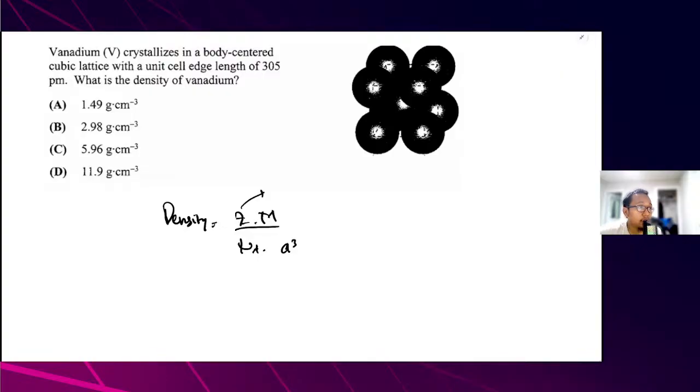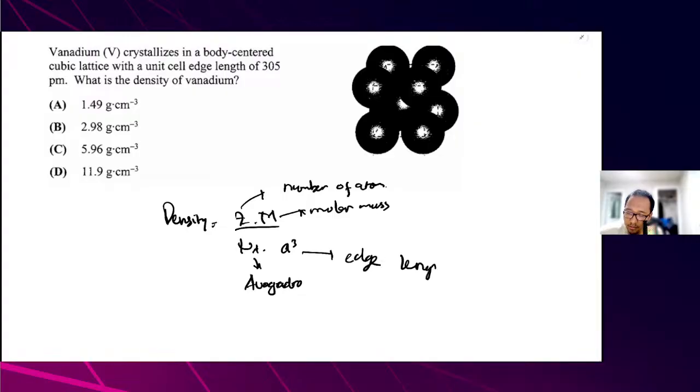Z is the number of atoms, M is the molar mass, Na is Avogadro's number, and a is the edge length in centimeters. Okay, so let's take a look at the answer.